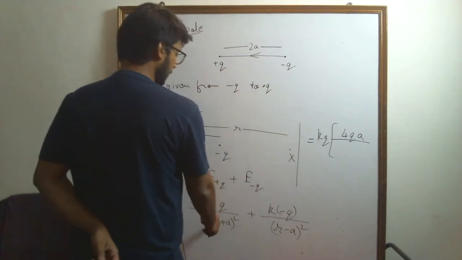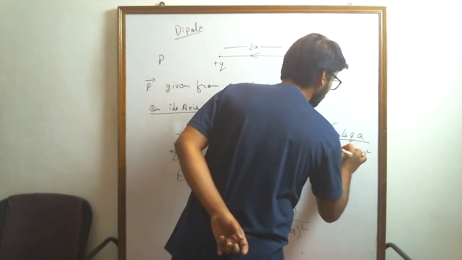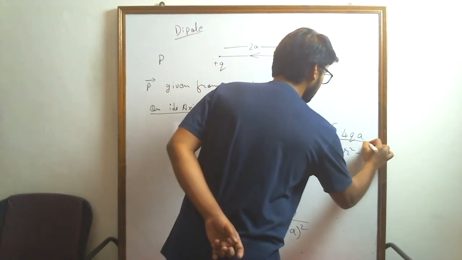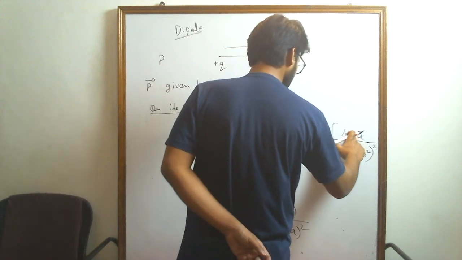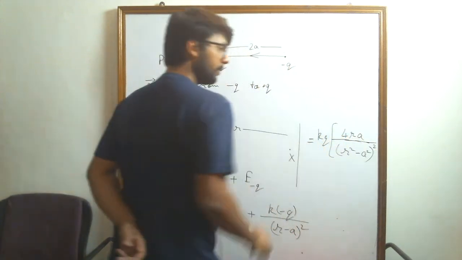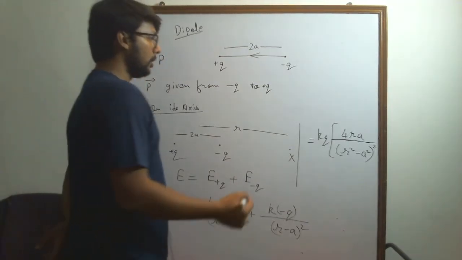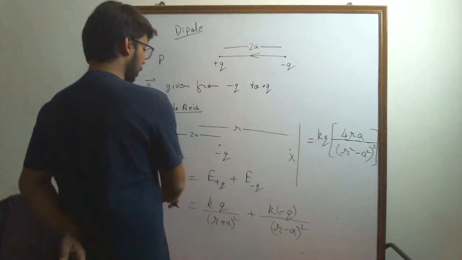That means this will become (r square minus a square) whole square. Sorry, here it will be r, my bad, this will be r, not q. So this is my final result for E.